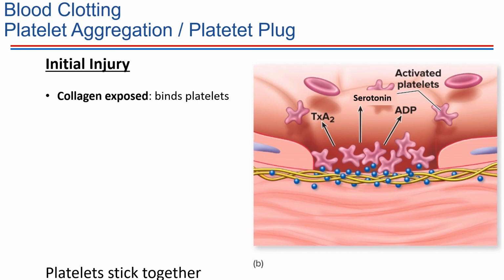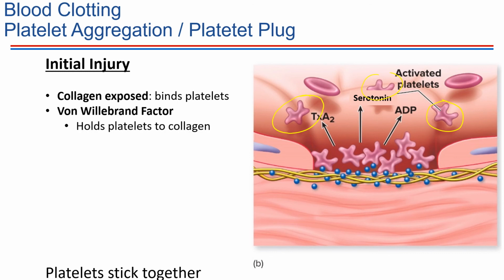If the collagen is exposed, the collagen is going to bind all of these platelets out here. So here's some platelets floating around. That collagen is going to bind to those platelets, and those platelets are going to be held to the collagen by that von Willebrand factor that I just mentioned in the last slide.